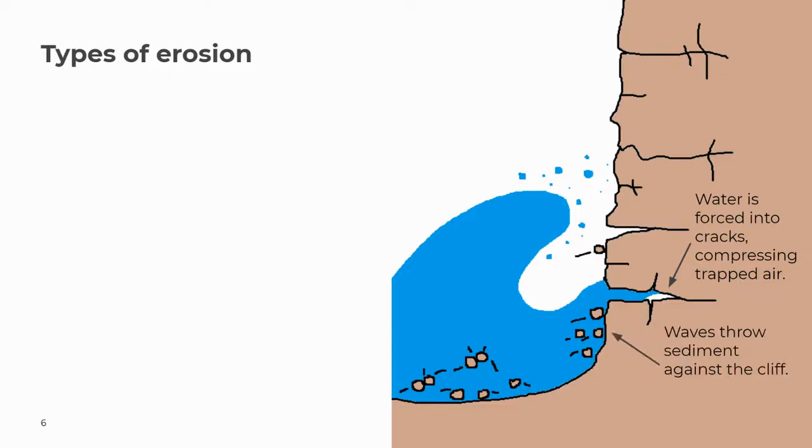Next, waves carry sediment within them. They throw this sediment at the cliff. This sediment scrapes away at the cliff, eroding it. It works a bit like sandpaper. As you scrape the sandpaper against a block of wood, you see fine bits of sawdust come off, and it's the same with a cliff.